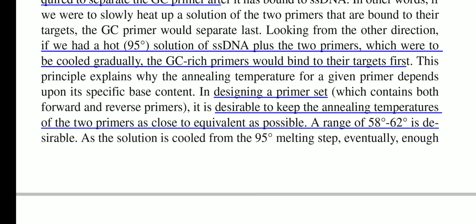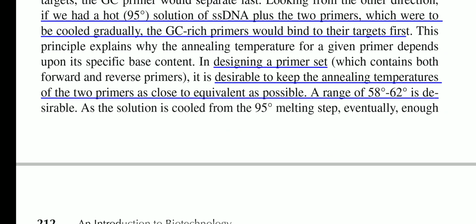That means with lowering temperature from 95 degrees Celsius to 72 degrees Celsius, the first release will occur from your GC, then your AT. Similarly, if we enhance the temperature, the AT bond will break first, then your GC bond. That's the thing I want to tell you.